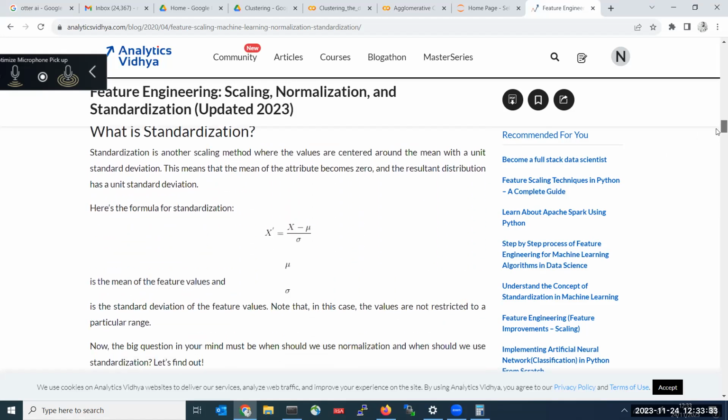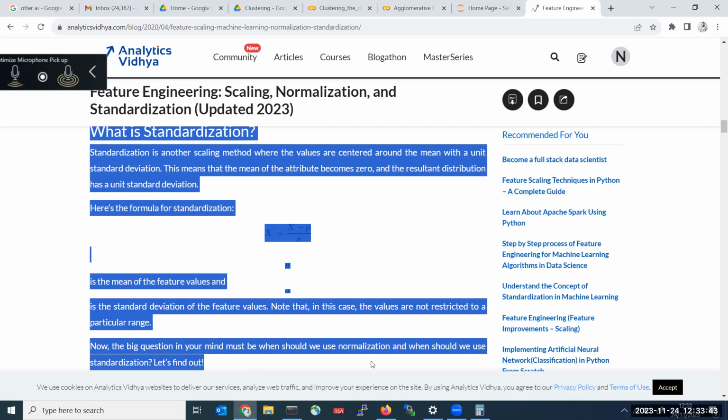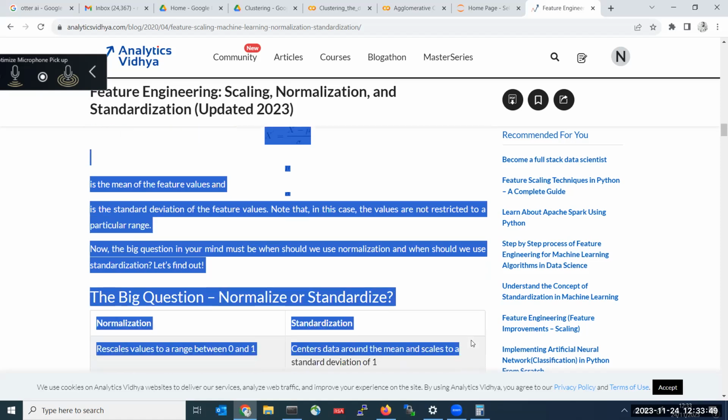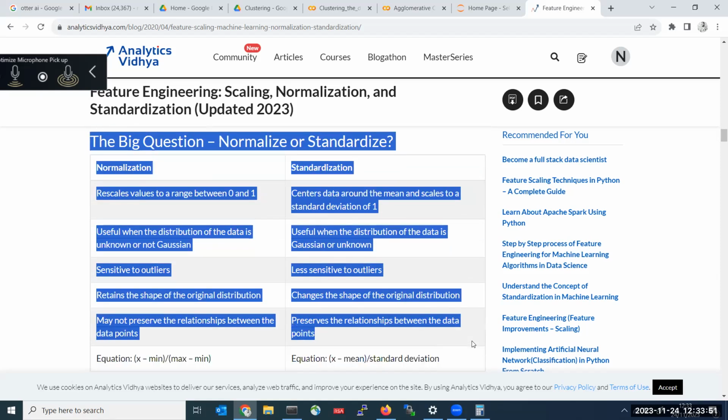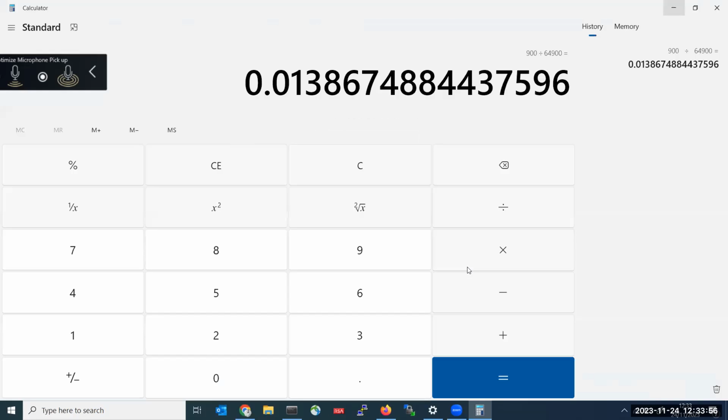Same scenario with standardization. These are all the differences between standardization and normalization.